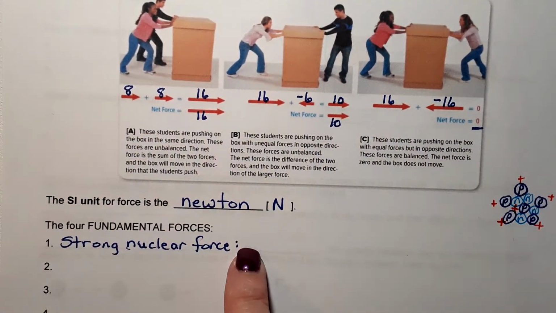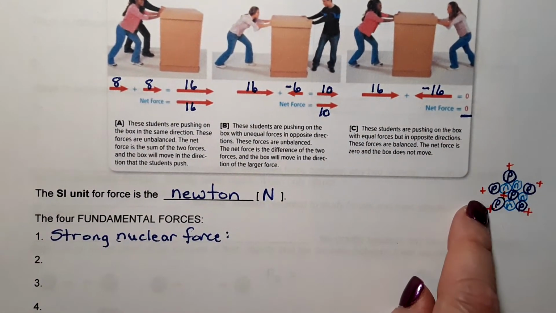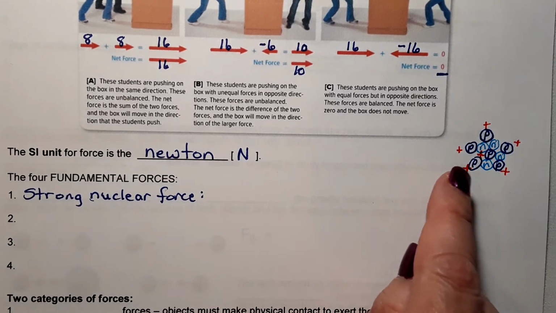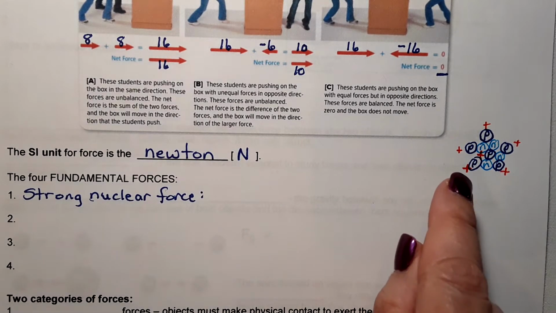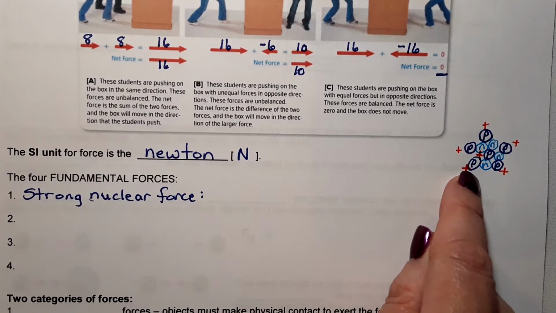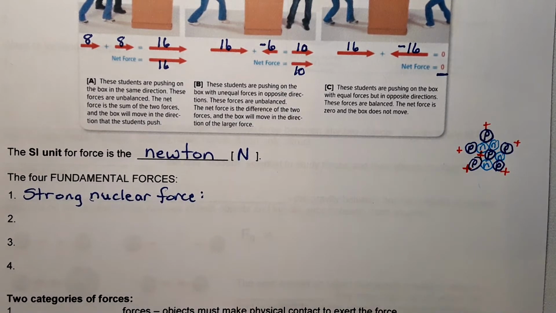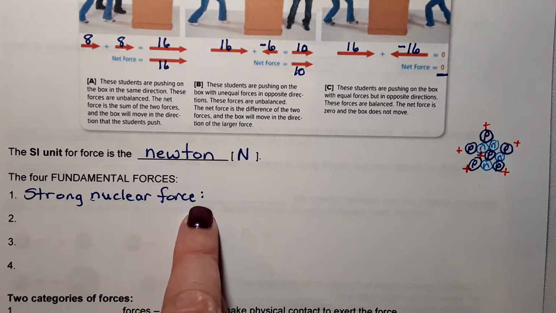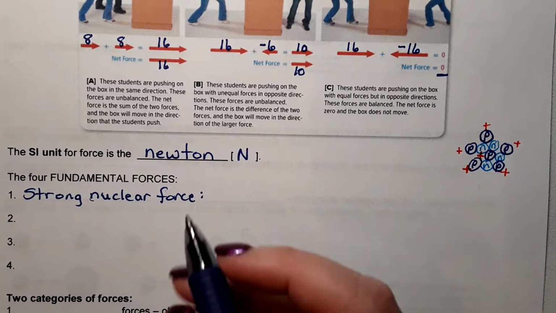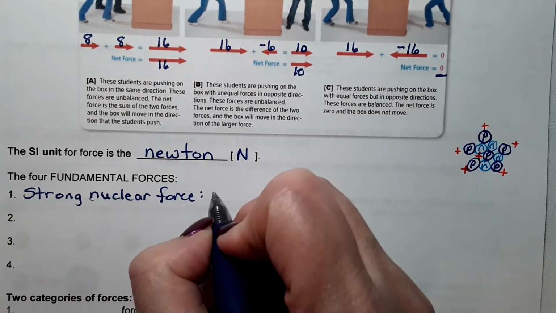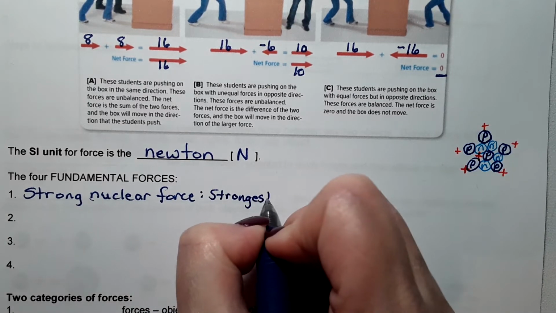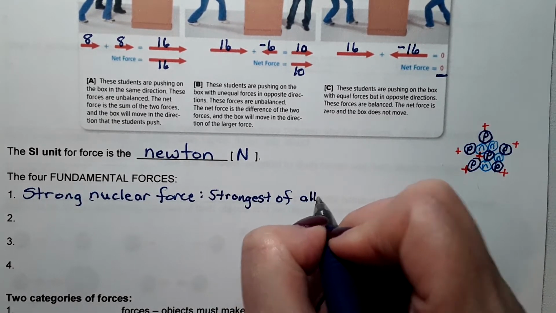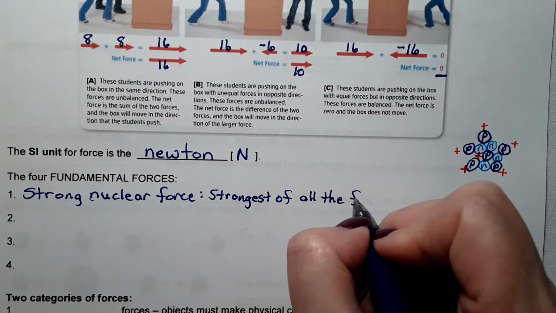It's the strong nuclear force that keeps the nucleus together. It's the glue that holds the universe together. It is even stronger than the electric repulsion between those protons. And if it weren't for this force, the universe couldn't exist. So the strong nuclear force, in fact, is the strongest of all the forces.